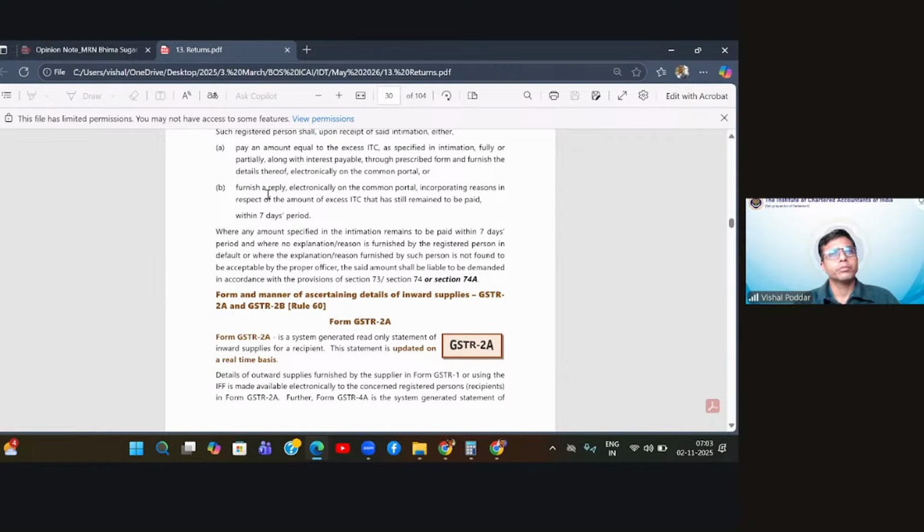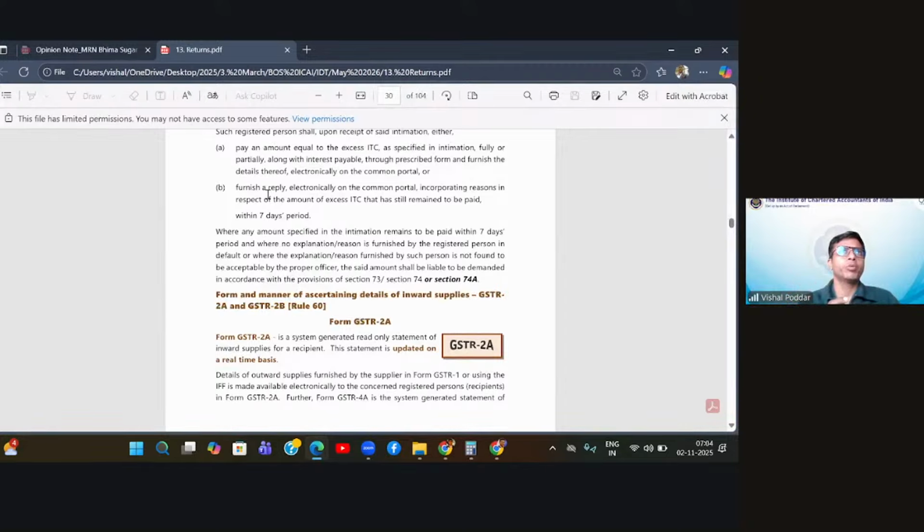However, GSTR 2B is a document which is freezed. Freezed means that once you download a 2B of a particular month, thereafter that 2B will never change. So that is the major difference between 2A and 2B.